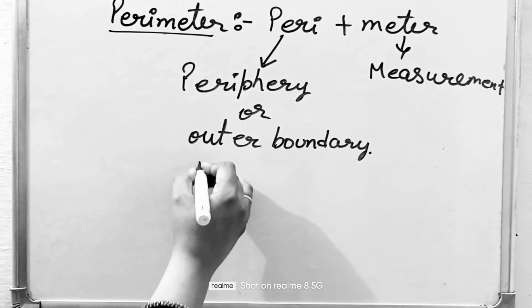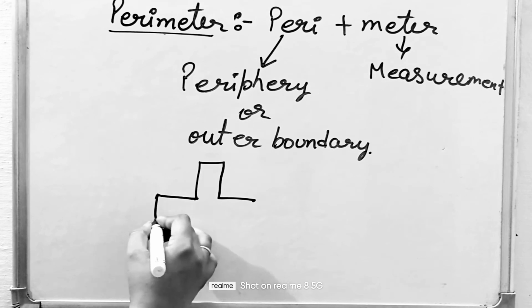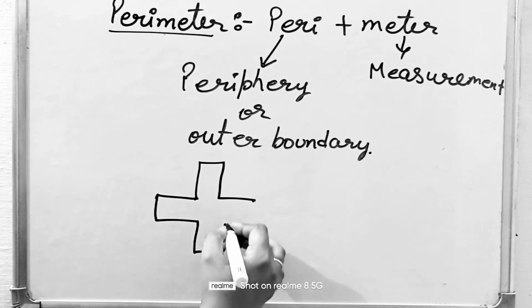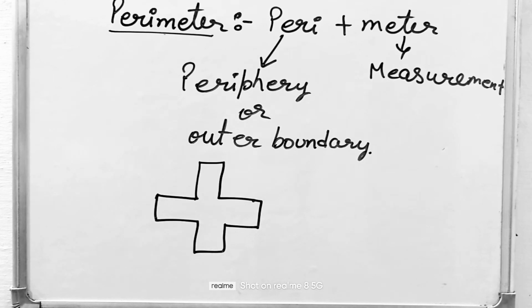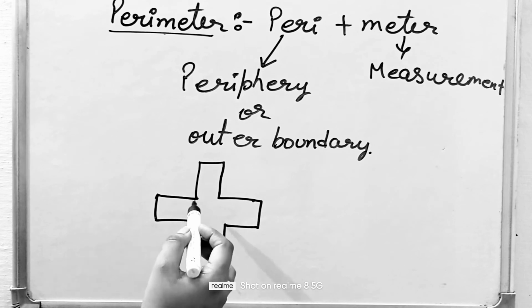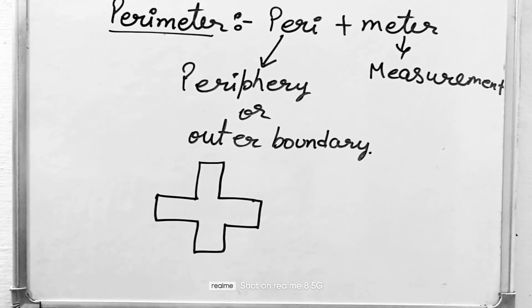For example, you are given a field of this shape and you are asked to find out its perimeter. So, what will be the periphery of this field or outer boundary of this field?